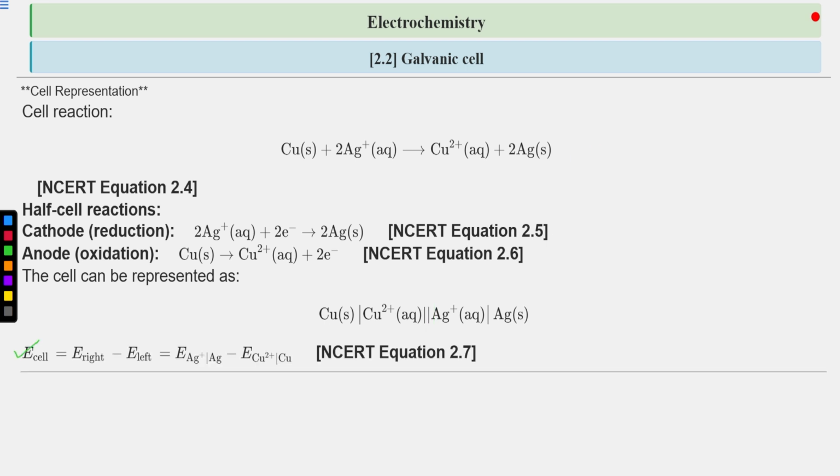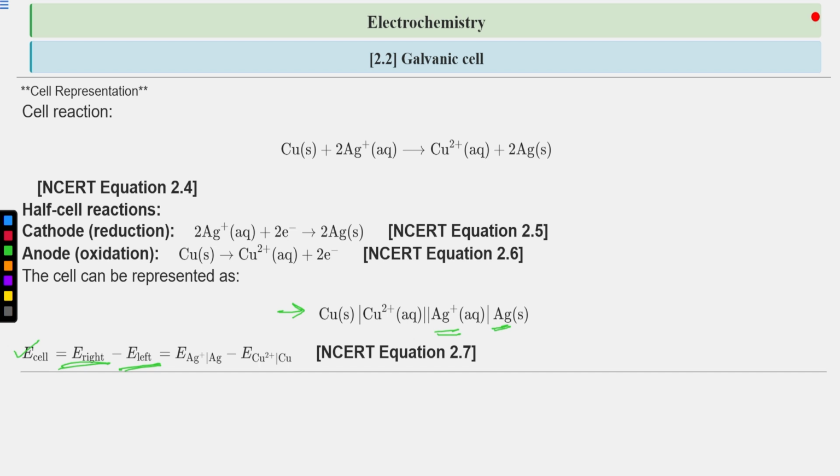And if you want to find out the electrode potential for the cell, which is given like Cu | Cu2+ || Ag+ | Ag, you can write it as E of right, that means the potential of the right side minus the potential of the left side. At the right side, we have Ag, silver, right? So we are talking about the silver electrode.